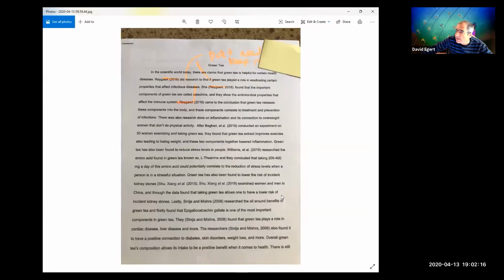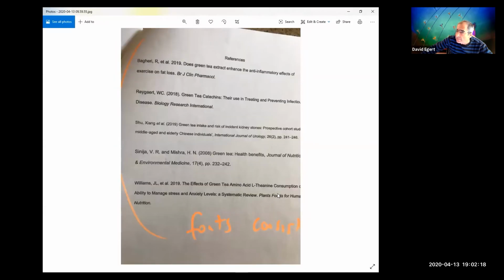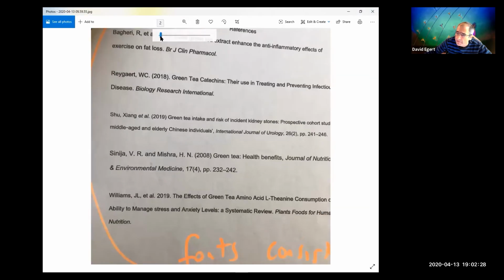So this, I don't know if it shows up as easy for you. I find this happens a lot when people cut and paste stuff. You end up getting all these different fonts, which is really disconcerting. And it's aesthetically unpleasing. Cutting and pasting a reference, especially out of Google Scholar, that is fine.